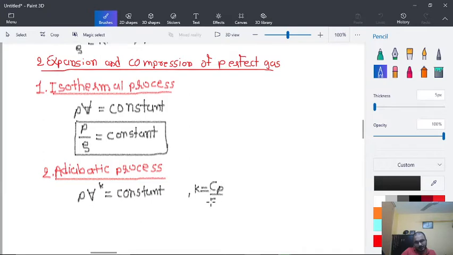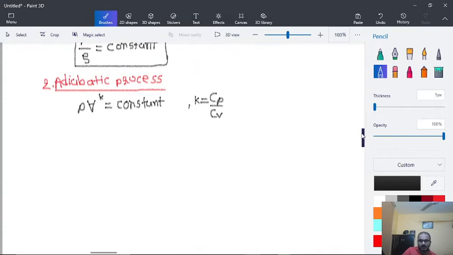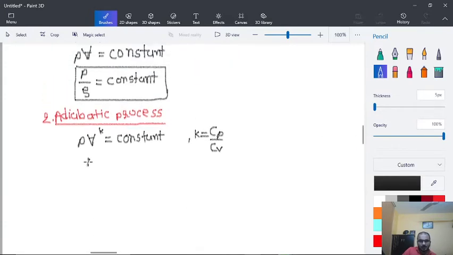We might have written this previously as gamma, but here we will be writing it as K. K is equal to Cp by Cv. So we can also write P divided by rho raised to K equal to constant.